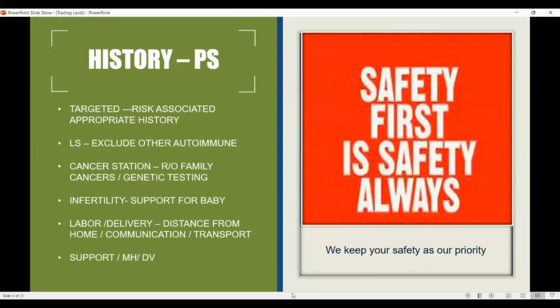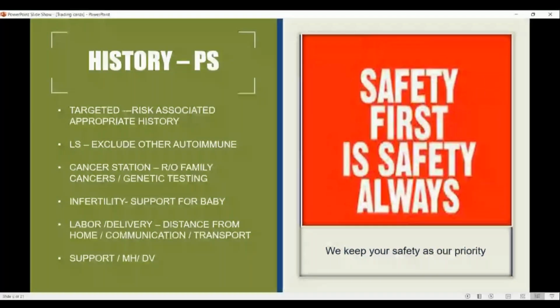Coming on to the next thing, targeted risk associated appropriate history is to be taken. That's again a patient safety point. What does that mean? If a woman is having thyroid disorder, or suppose she's having Graves' disease, what are you going to ask her in the history?